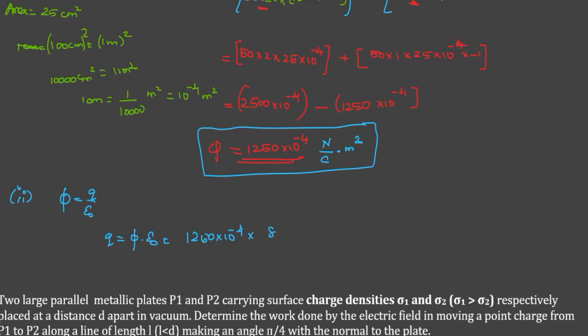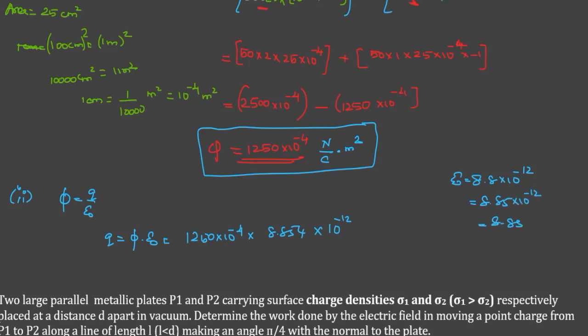So 8.854. While substituting this 8.854, you need to read that instruction page in your question paper. Sometimes they will give 8.8 into 10 power minus 12. Sometimes they will give 8.85 into 10 power minus 12.